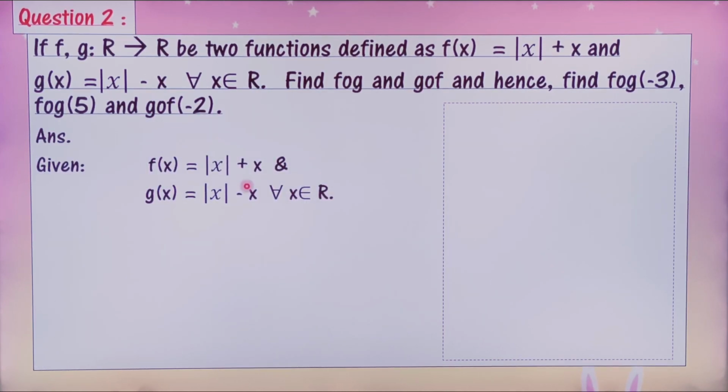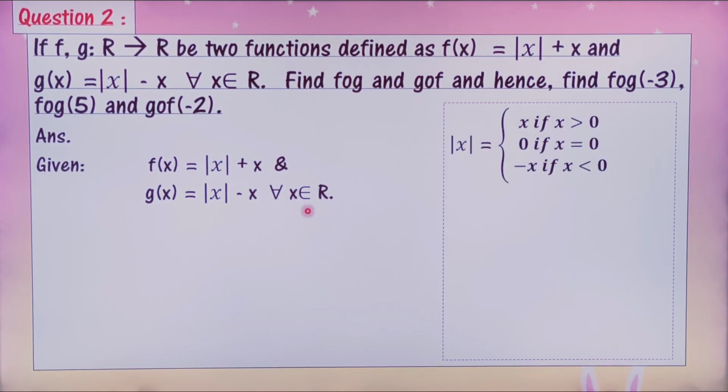Given f(x) is equal to modulus x plus x and g(x) is equal to modulus x minus x for every x element R. We know that for modulus function, modulus x is equal to x if x greater than 0, 0 if x is equal to 0, minus x if x less than 0.